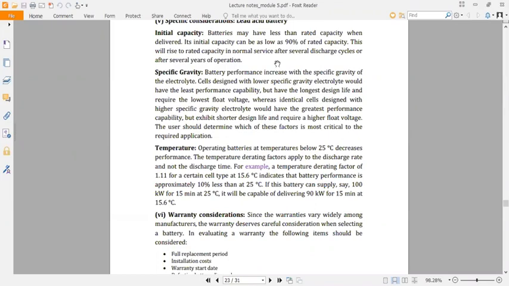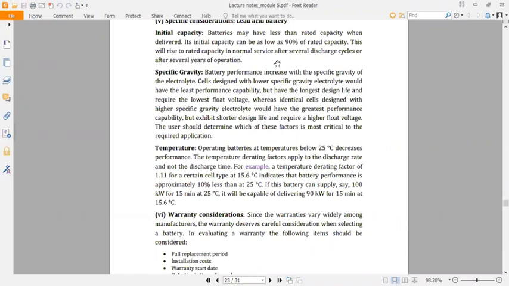Specific gravity, lead acid बैटरी में एक स्पेसिफिक ग्रेविटी भी एक फैक्टर है जो कि बैटरी के साइज को अफेक्ट करता है। जो इलेक्ट्रोलाइट हम लोग यूज करते हैं लेड एसिड बैटरी में, उसका स्पेसिफिक ग्रेविटी क्या है, either the specific gravity is low or high. That will decide the performance of the battery.